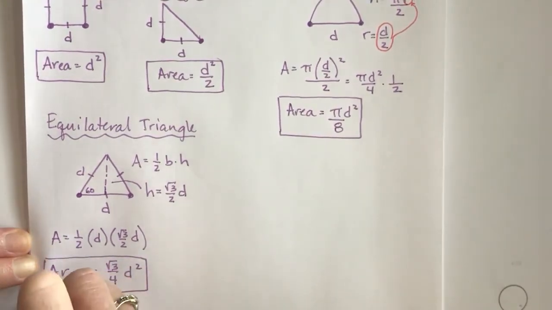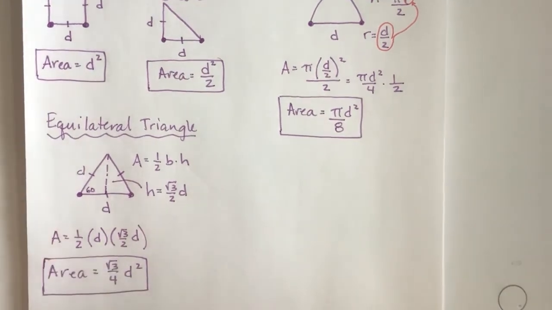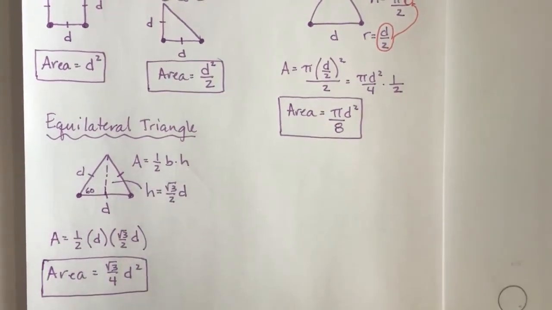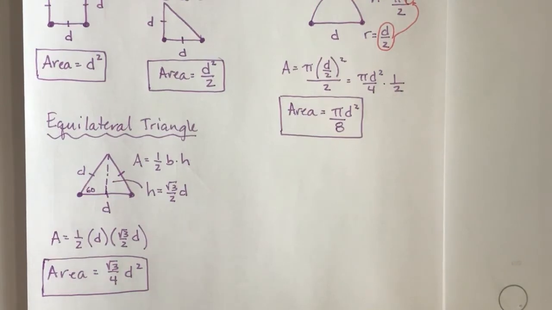And students always ask me, do I need to memorize these? I just say, if you feel like you couldn't come up with that from drawing a picture, then you do need to memorize them. Or if you just know, oh, I can derive that, no problem, then you don't need to memorize them. So it's up to you.